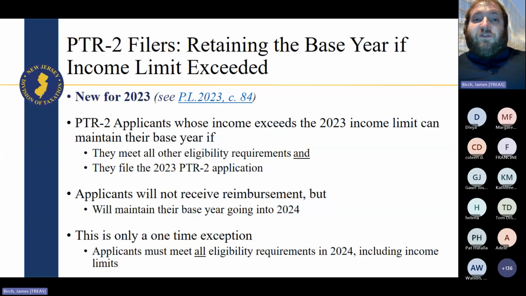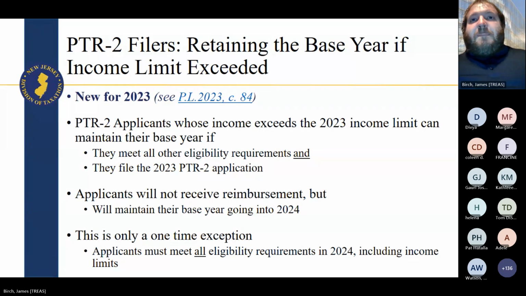But the reason they would still want to do it anyway is because they will maintain their base year going into 2024. Now, if you're unfamiliar with the base year, that's the first year that someone was eligible for the PTR, and their property taxes are set in our system at that price, that amount.